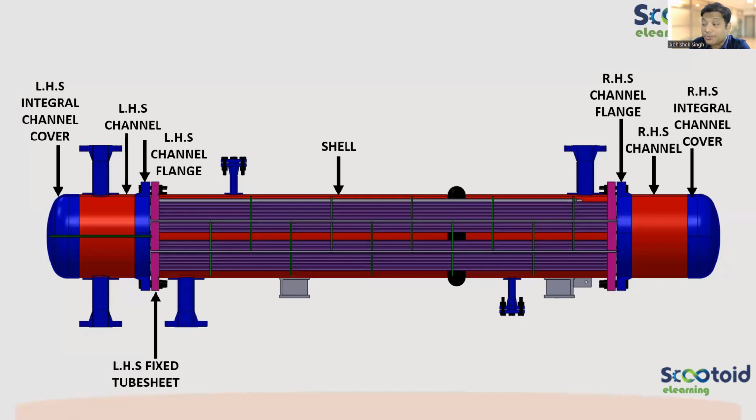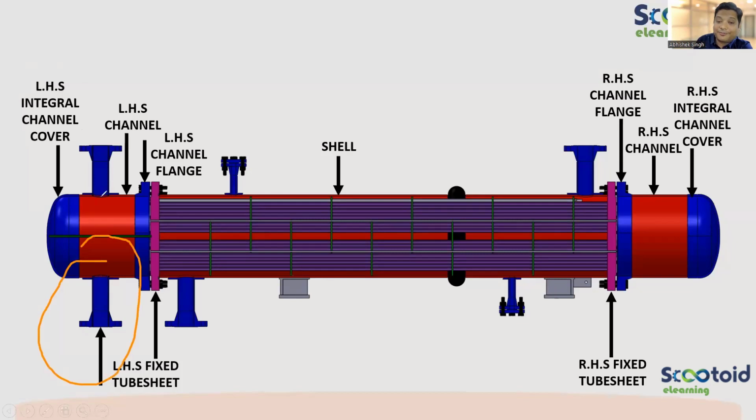There are two tube sheets in a heat exchanger. So left hand side, right hand side. Okay. What is this item? There are lots of items like this you can see here. What are these items?